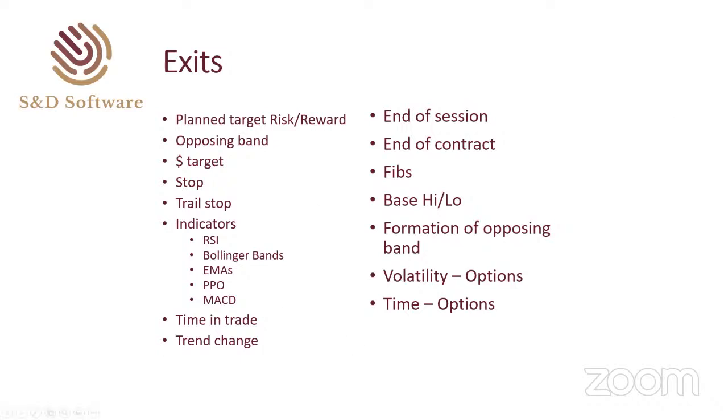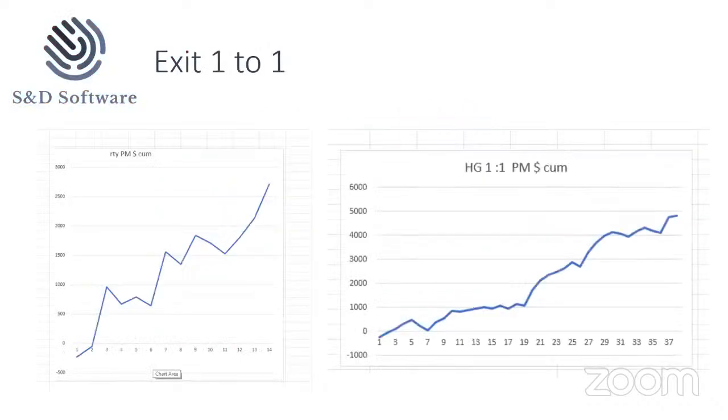All right, let me show you a couple of things to give you some ideas of things to think about. Here's a couple of my graphs showing the cumulative P&Ls exiting at 1-to-1.